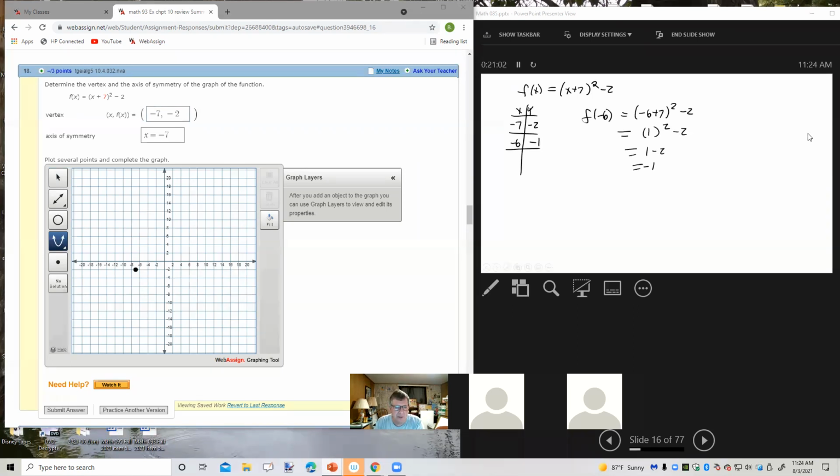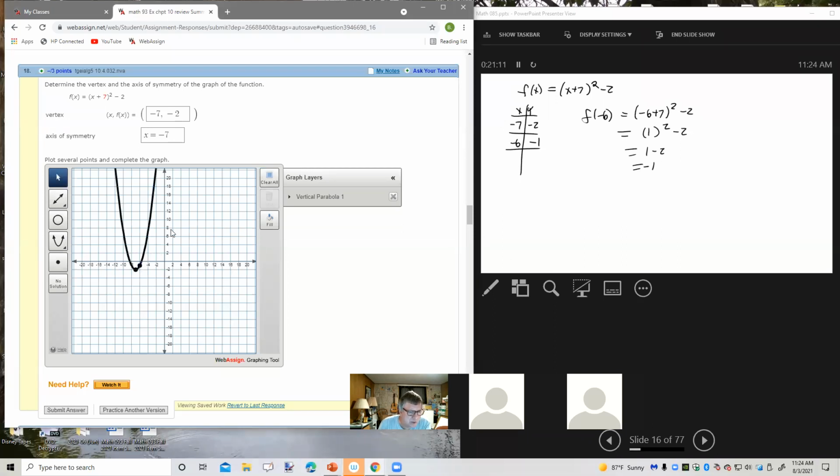So after having plotted the vertex, a second point, (-6, -1) is right there. Now, if I'm not 100% sure I've plotted my points where I want them, I can check here, (-7, -2), (-6, -1), and I can change those by going in and literally changing it. So let's see if I've got everything correct there.